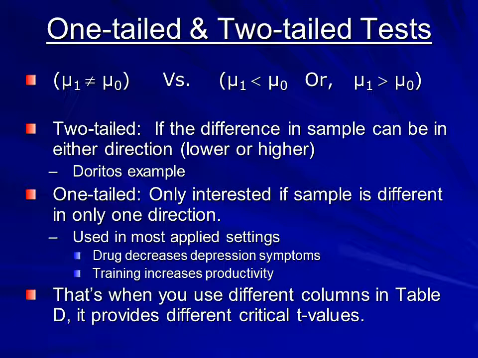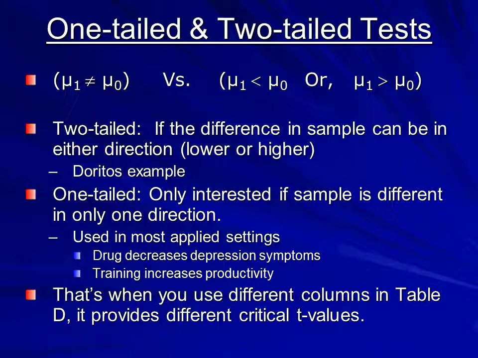It sort of means that the obtained sample average can be statistically significantly different from the claimed population average in either direction. So you're allowing it to be very, very low or very, very high. So that's why you get to use both tails.